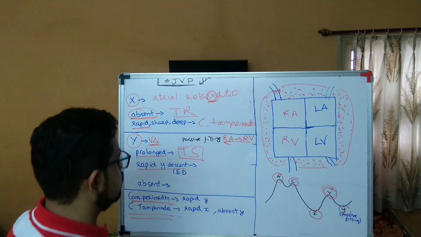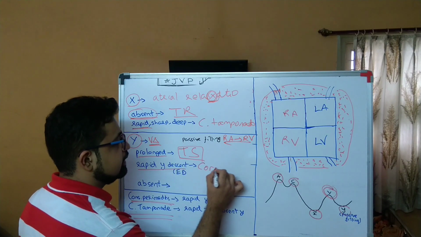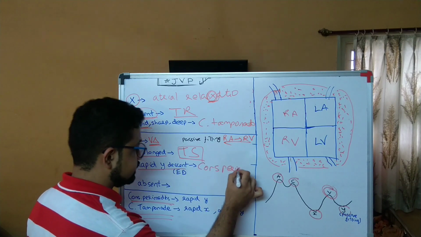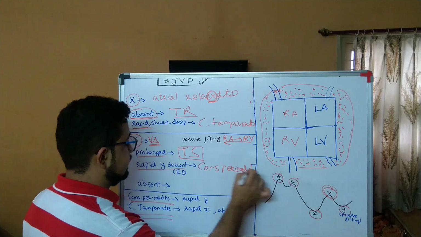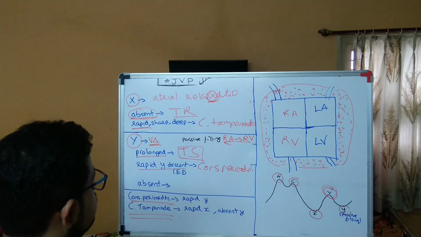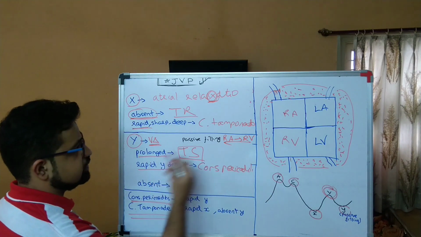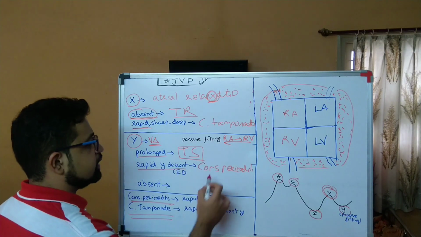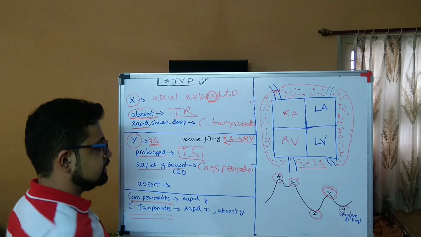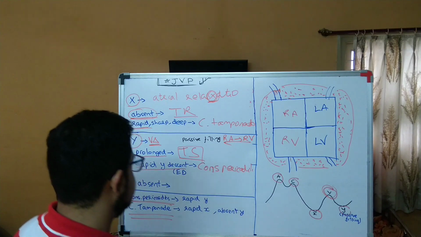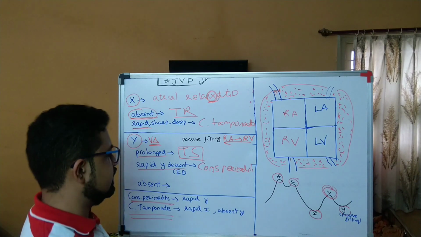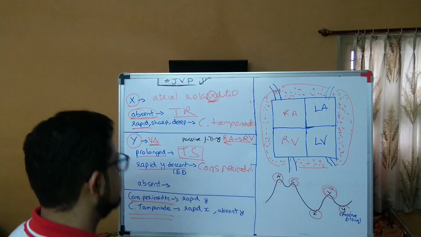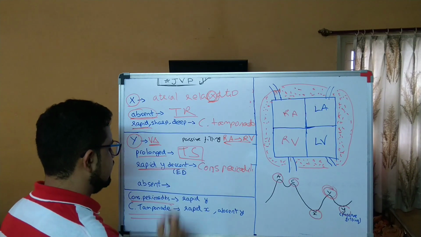That is the reason why you get rapid Y descent in constrictive pericarditis. Now, am I making sense? Is it clear? Tricuspid stenosis prolonged because it takes more time for passive filling. Constrictive pericarditis has a non-compliant chamber, so in the early diastolic phase there is rapid filling. That is the reason why you get rapid Y descent.